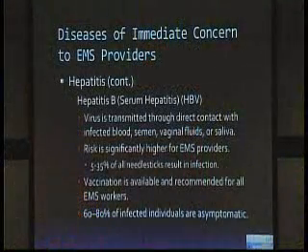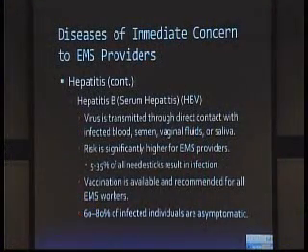Hepatitis B is transmitted either through blood or sexual contact. Somewhere between 5 to 35% of all needle sticks from someone infected with hepatitis B can result in infection. So that's why hepatitis B vaccination is something that we recommend everyone has.